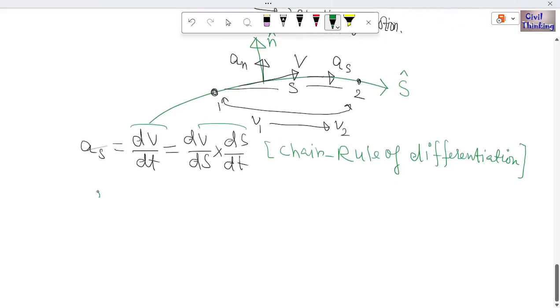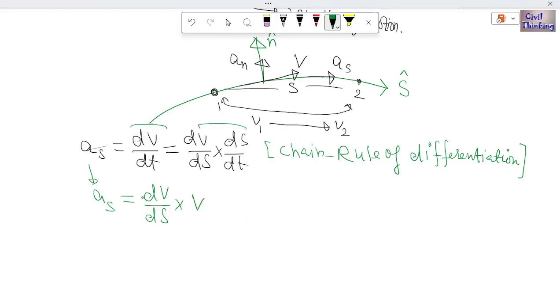So from here I can write the acceleration along the streamline is dv divided by ds times ds by dt. What is ds by dt? Rate of change of position with respect to time, which is velocity. So v is the velocity.